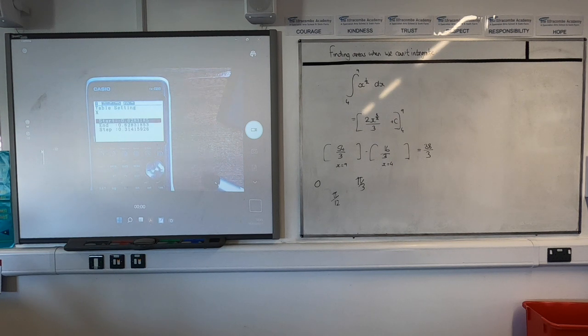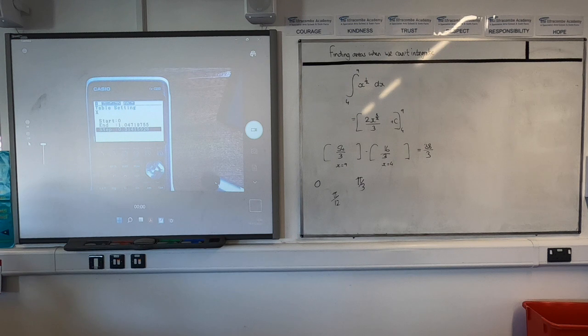And then I go to set. I'm going to set as my start value 0, and my end value, pi over 3. Now, this is one of those places where the fraction button doesn't really work, so I'm going to do shift pi divided by 3.